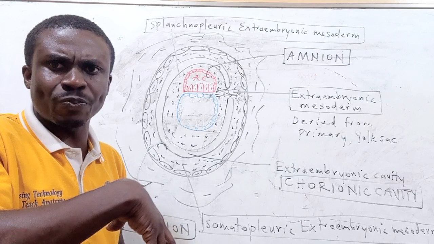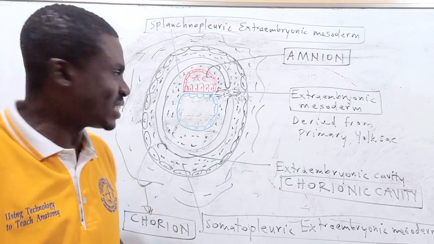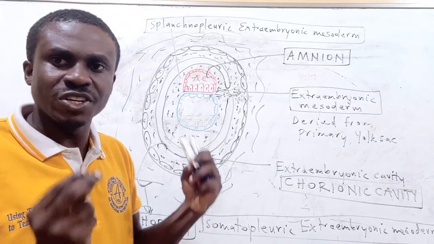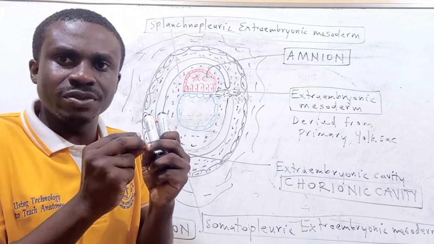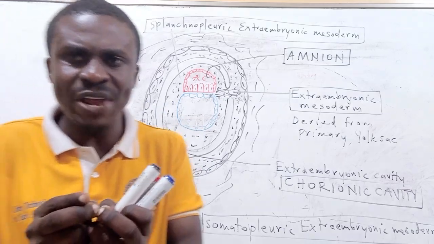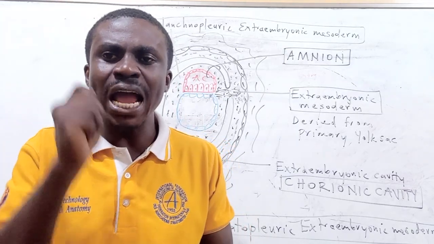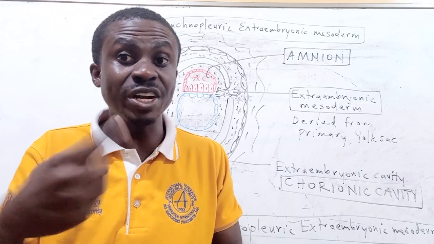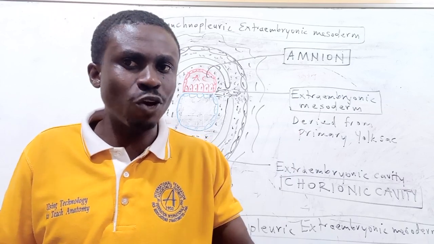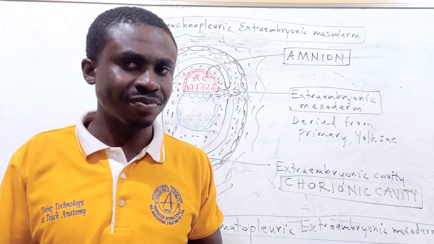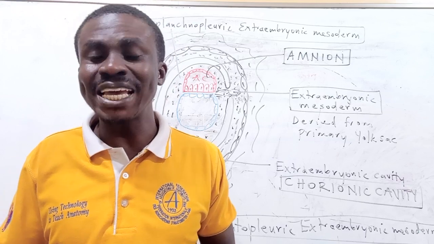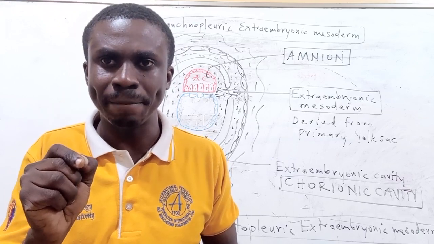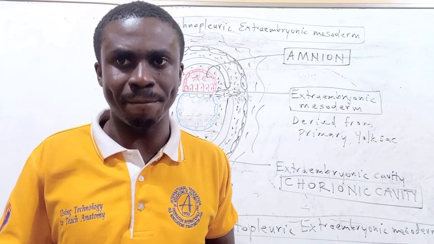For this reason, there's one area where those small cavities didn't fuse. It means that in that area, the extra embryonic mesoderm is not differentiated into splanchnopleuric and somatopleuric. That is why we say undifferentiated extra embryonic mesoderm.